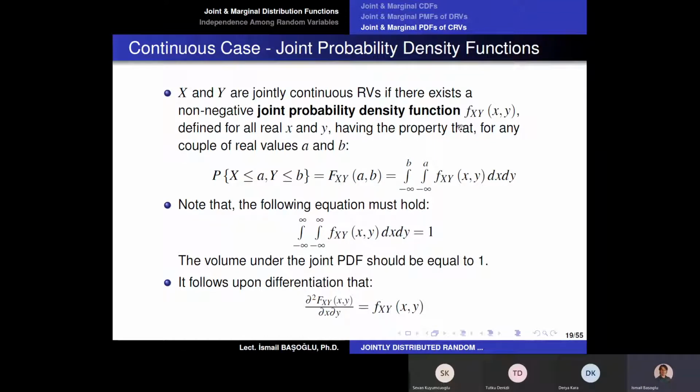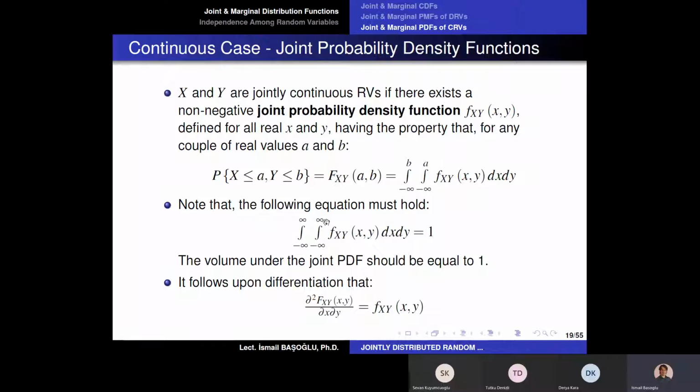Therefore, and it is non-negative, under this function there will be a certain volume. Unlike a single-dimensional probability density function, we are not going to have an area under that function. Under this function, we are going to have a volume, because it is three-dimensional. And that volume should be equal to 1.